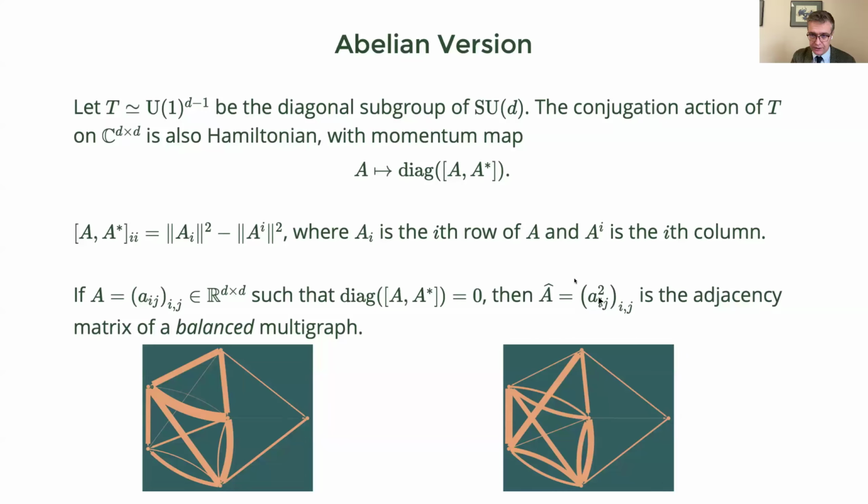And so when this is 0, I have some associated graph which is balanced, in the sense that the weights coming in and the weights coming out are always equal to each other. And so these balanced graphs are nice. This is what you want, for example, if you're using a graph to model traffic, and the vertices are intersections.